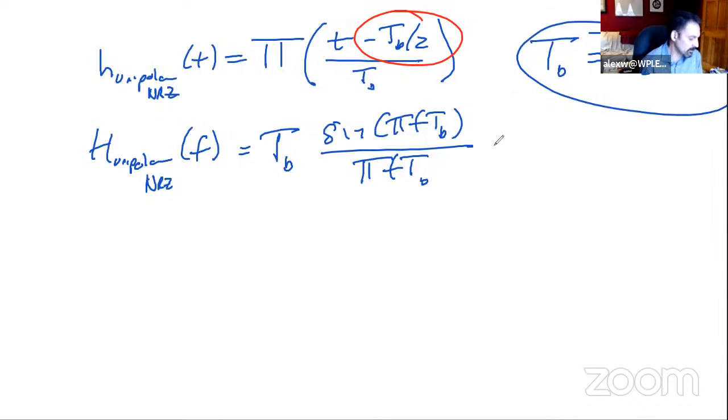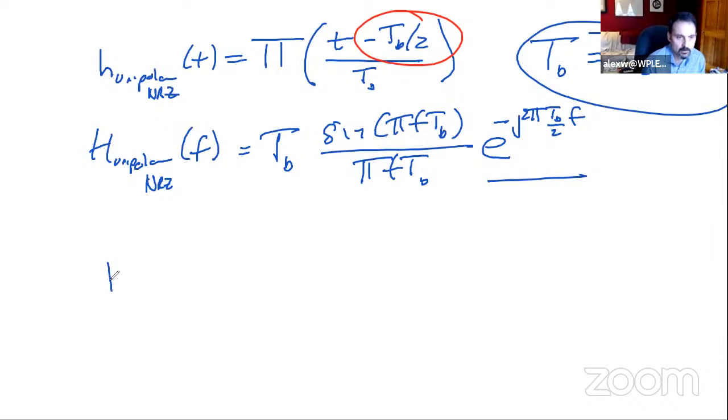So what this has to be equal to is e to the minus j 2 pi TB over 2 F. So we got that. Now from this, what do we have? So far we have these two things.